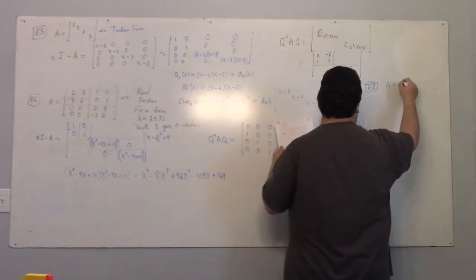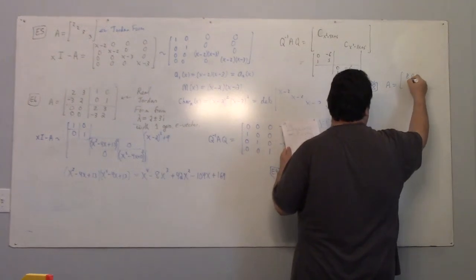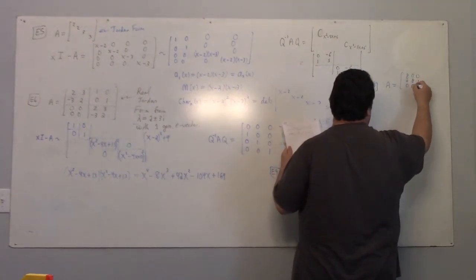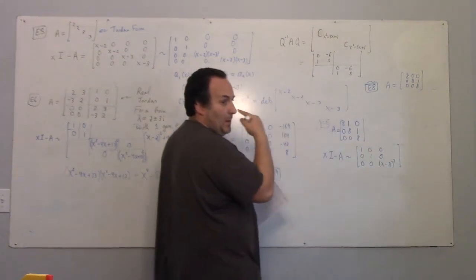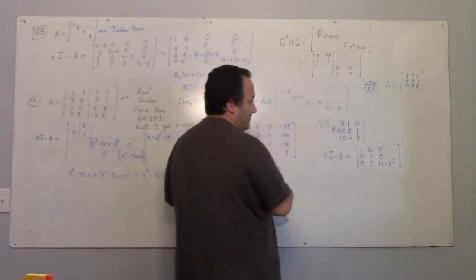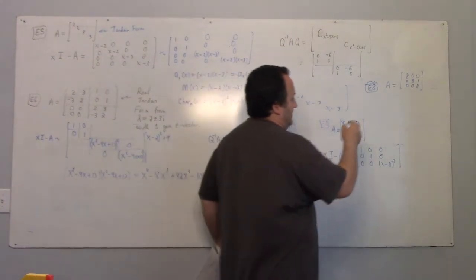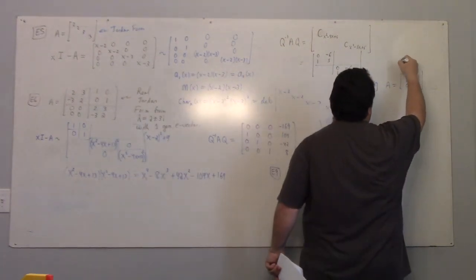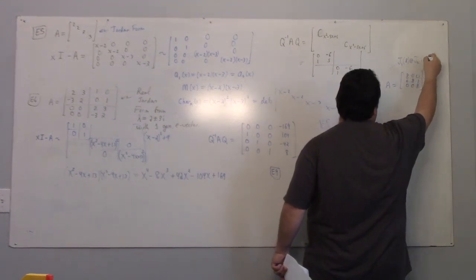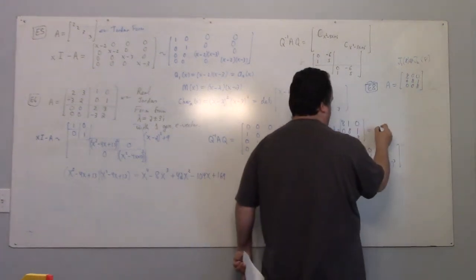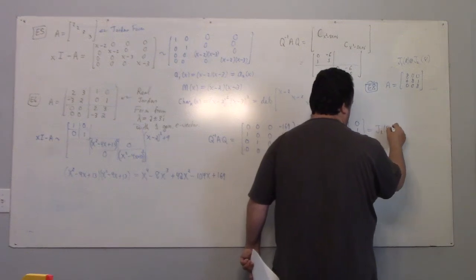So let's say A is 8, 0, 0, 0, 8, 1, 0, 0, 8, all right? By the way, that's the Jordan block. Example 8 was a Jordan block. This is the Jordan 1 block of 8, direct sum with the Jordan 2 block of 8. This was straight up the Jordan 3 block of 8.